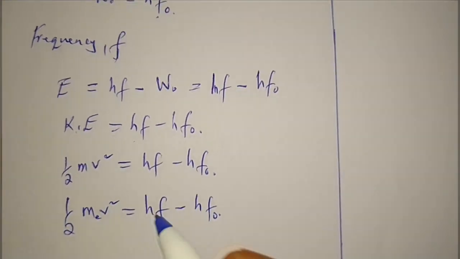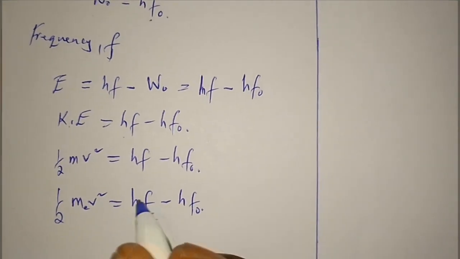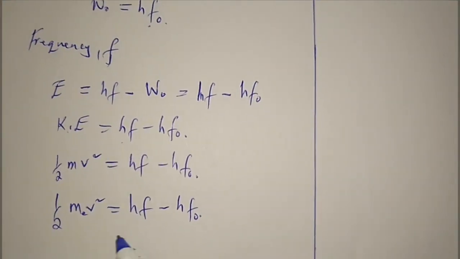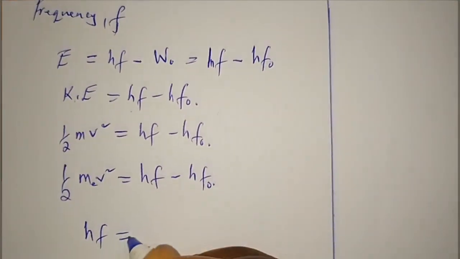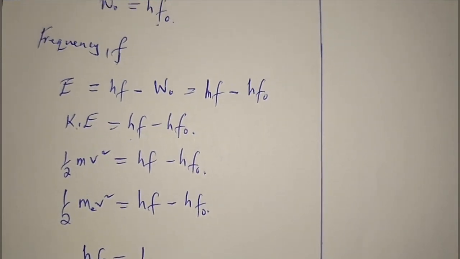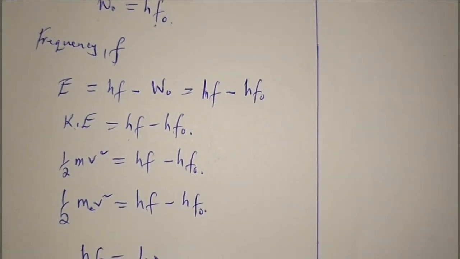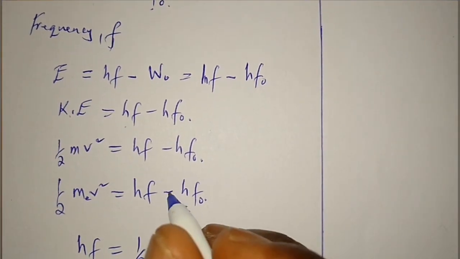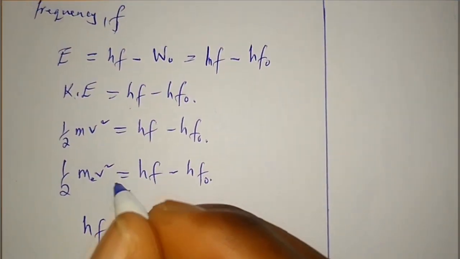We can rearrange this equation to make Hf the subject: Hf equals a half m e v squared plus Hf naught, since the negative becomes positive when it crosses the equal sign.